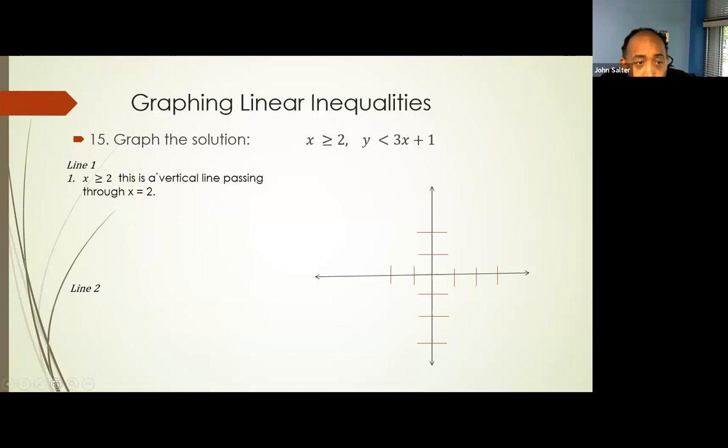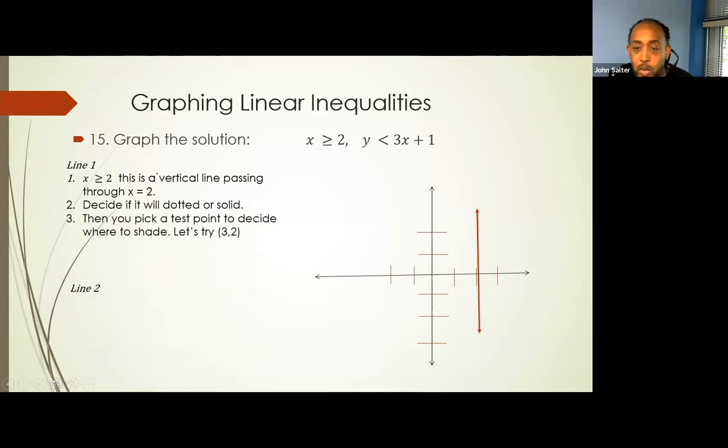All right. x is greater than or equal to 2. This is a vertical line passing through x equals 2, and we'll get to the greater than part in a second. But the x equals 2 part looks like this. It's not just x equals 2, it's x is greater than or equal to 2. So is it solid or dotted?